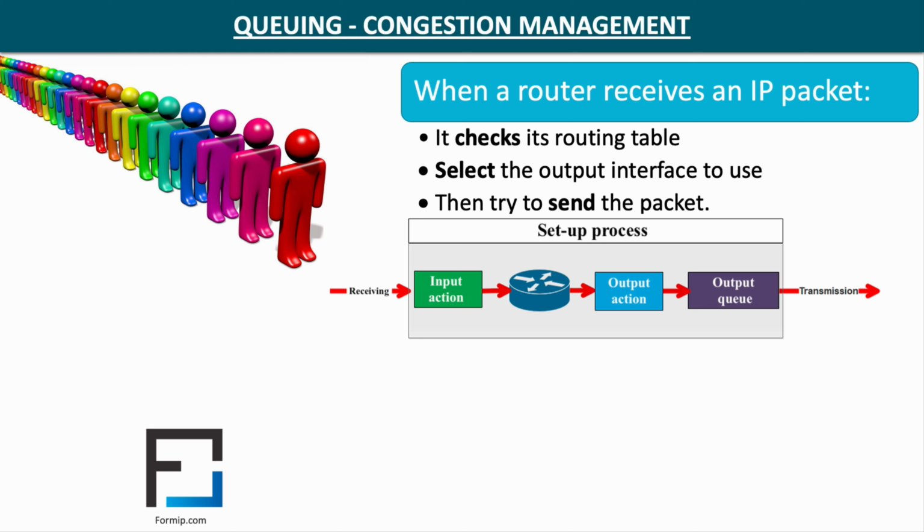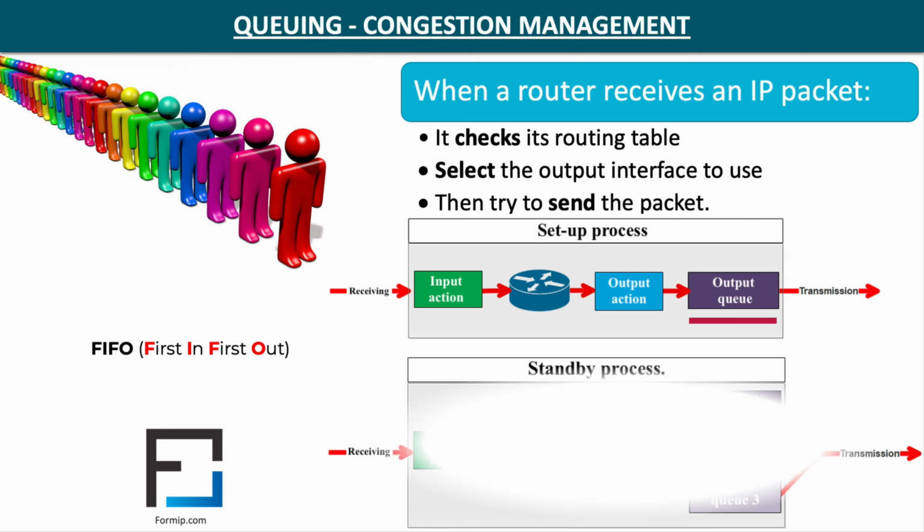The packet is then placed in an output queue, waiting for the interface to be ready to transmit. So here, we have only one output queue, and all packets are processed on a first-come, first-served basis. Remember, this is the concept of FIFO, first in, first out. There is only one queue, and everyone has to wait in line.